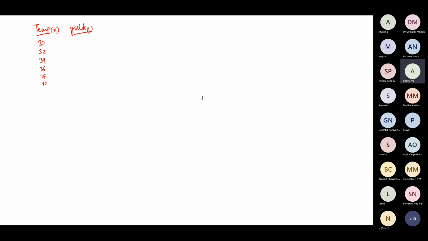Sorry to interrupt you, but is it not possible to calculate the slope by just doing y2 minus y1 by x2 minus x1? Not really. But that's how we do it in physics, so I thought you could do it the same way here too. Why is it not possible here? That is true if all of the points fall on the line, but because you are doing linear regression, not all of the points will fall on the line.